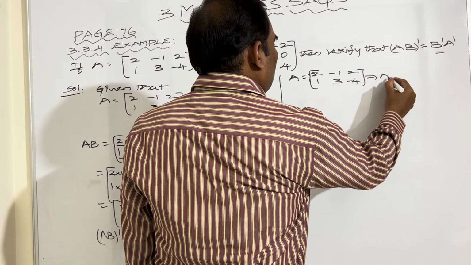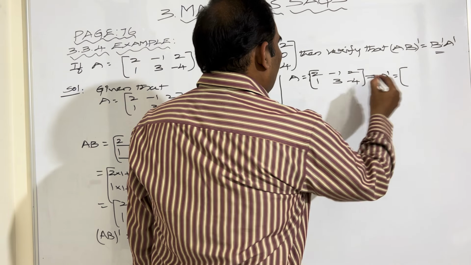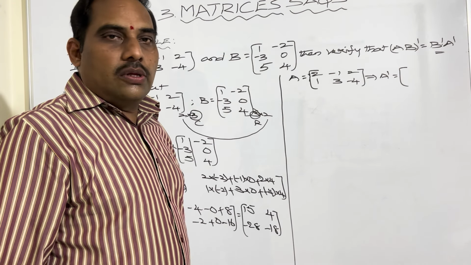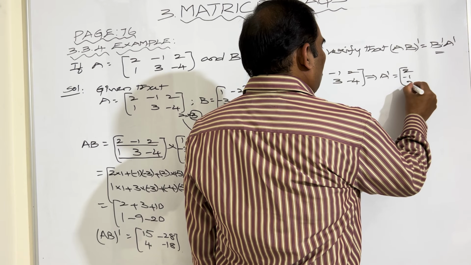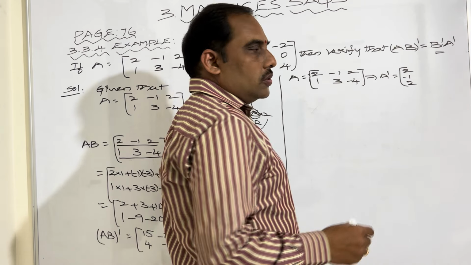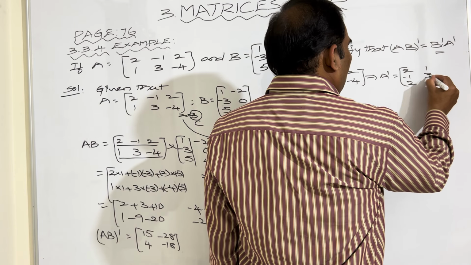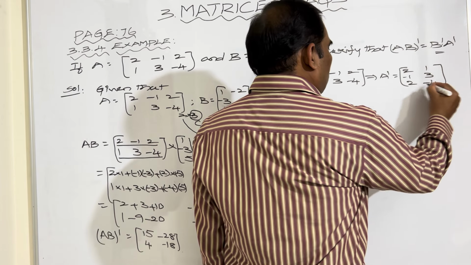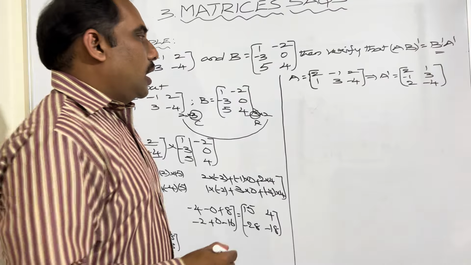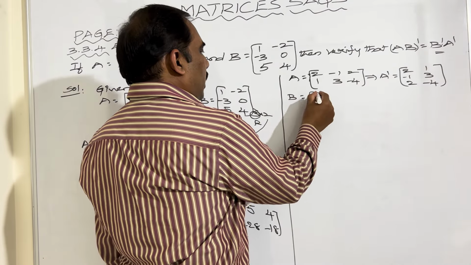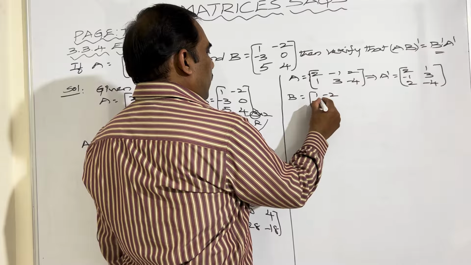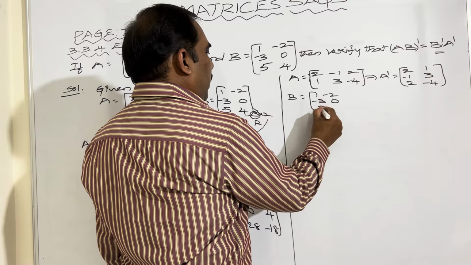From this, A transpose we get by writing the first row into the first column, that is 2, -1, 2, and the second row into the second column, 1, 3, -4. So this is A transpose. And again B we have here, B is equal to [1, -2; -3, 0; 5, 4].